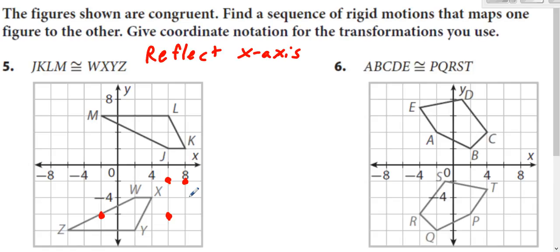And then we need to translate it. We need to slide it where it's supposed to go. And again, the graph is counting by twos. So if we're going left 2, 4. So that's a -4. And we have to go down. That'd be 2 units. Down 2 would be a -2.